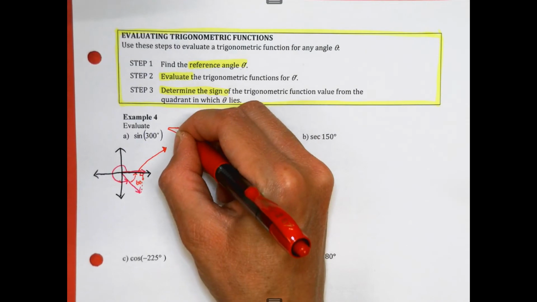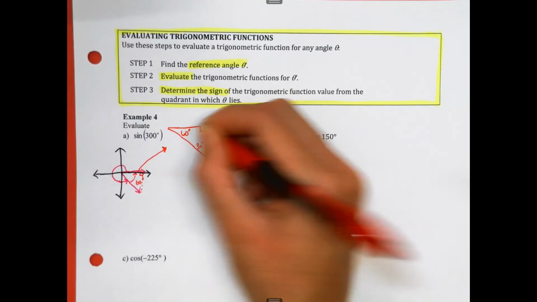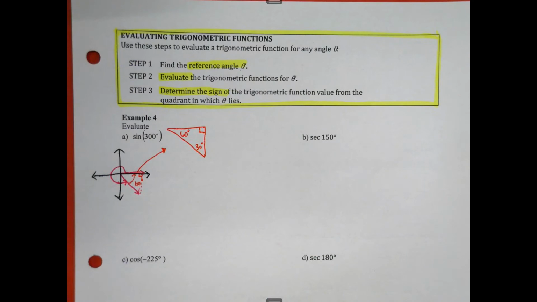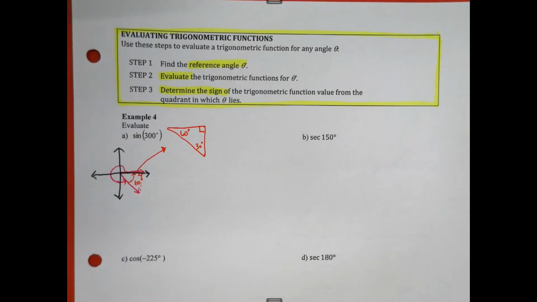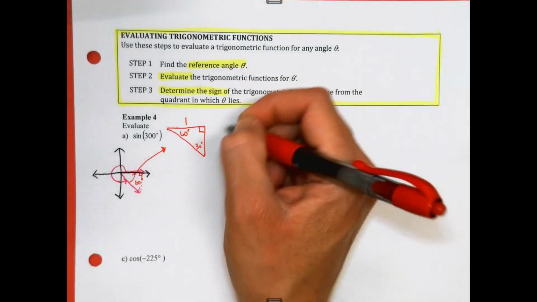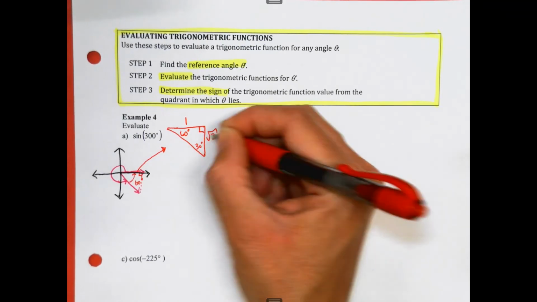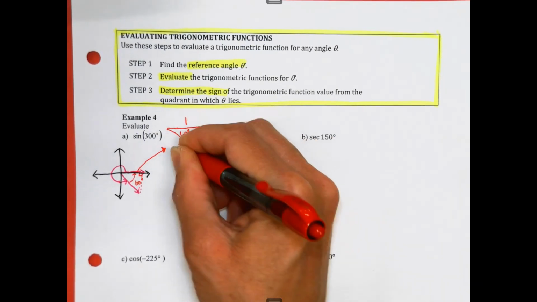So this angle is 60, 30. From our special right triangles, we know that opposite the 30 is a side length of 1. Opposite 60 is a side length of the square root of 3. And our hypotenuse is 2.